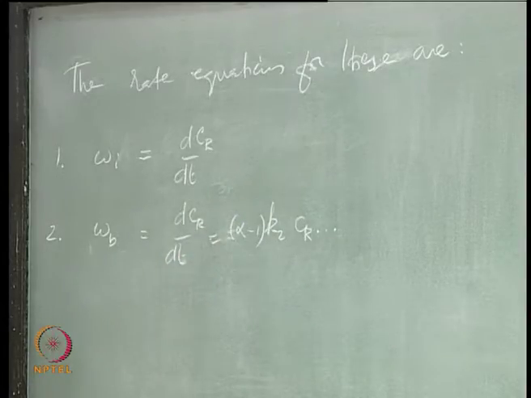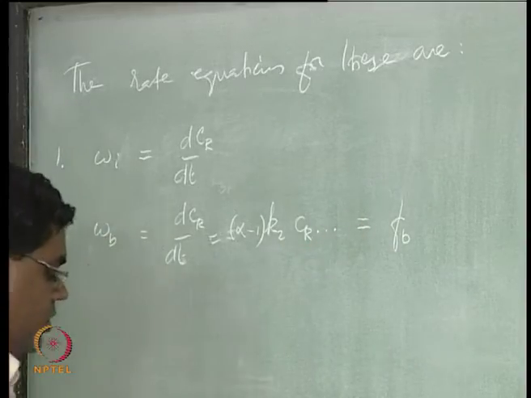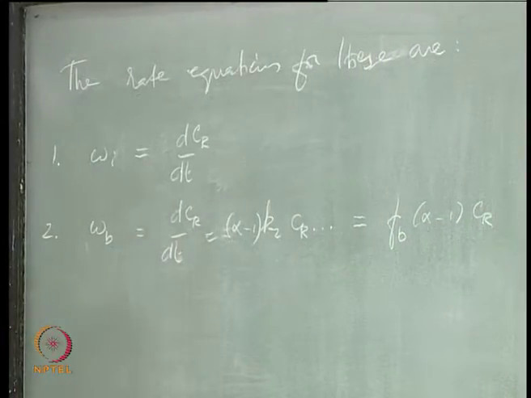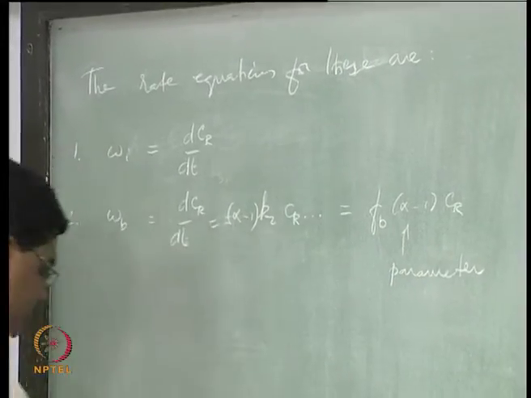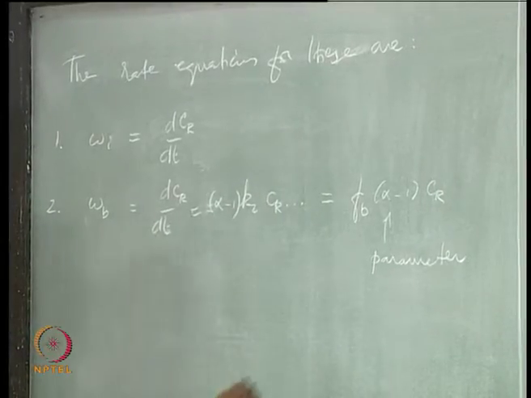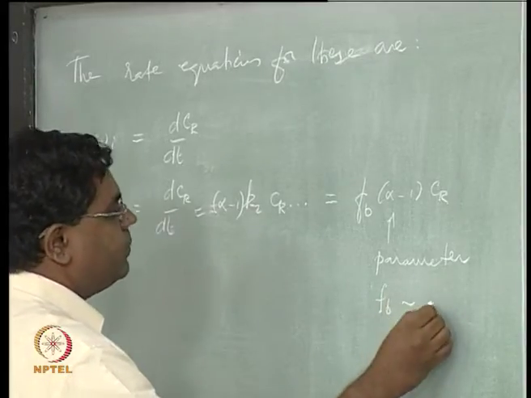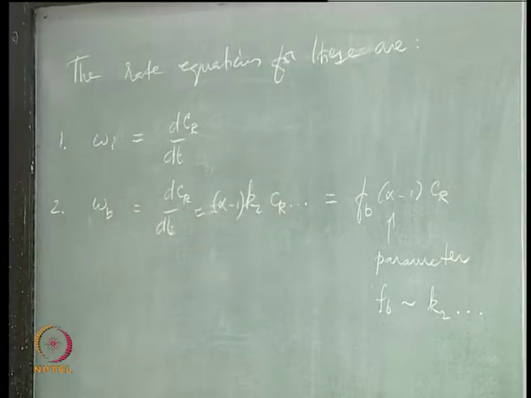Since I do not know what those are, I am simply going to write this as Fb times (alpha minus 1) Cr, where alpha is a parameter here. Fb takes care of K2 and the concentrations of stable species, which do not enter the picture.